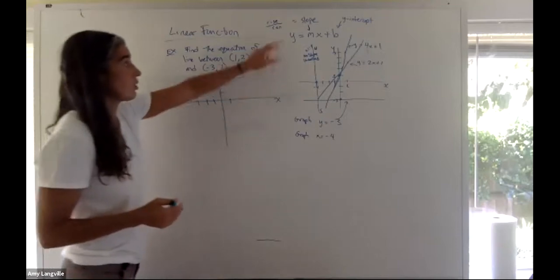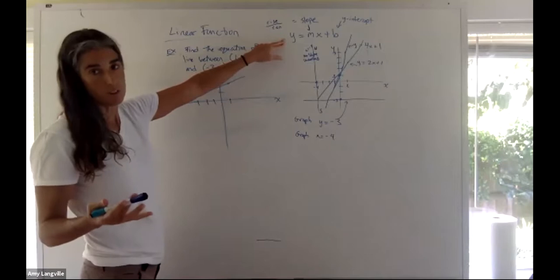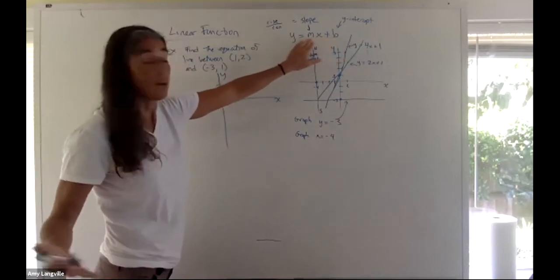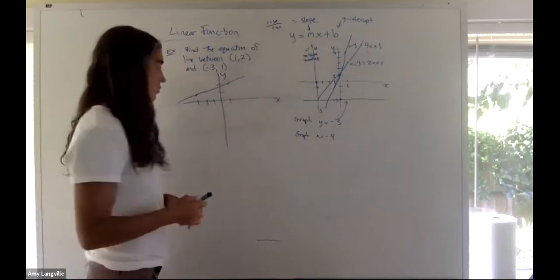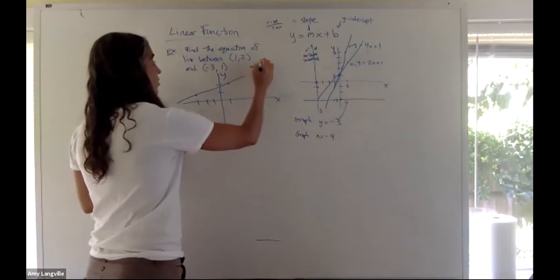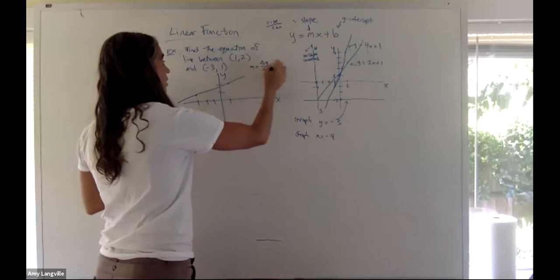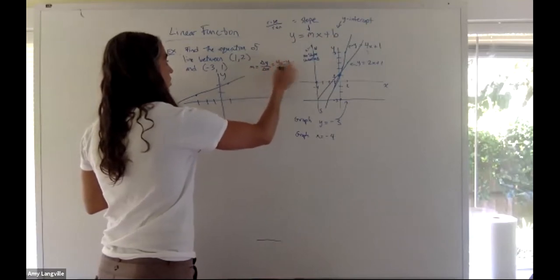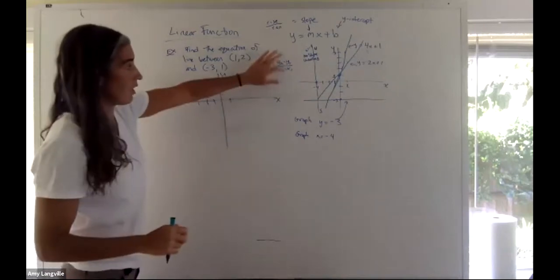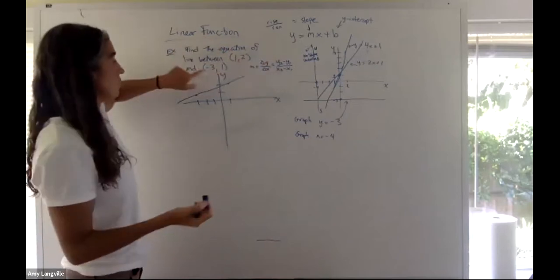Okay, so if we want to write it in this form, ultimately y equals mx plus b, again, we need to be a little more precise. We have some estimates for what b should look like, some estimates for what m should look like, but let's get precise. And so the slope is rise over run, but you probably also remember this formula, change in y over change in x, or y2 minus y1 over x2 minus x1, where x1, y1 is one of your points, x2, y2 is the other point.